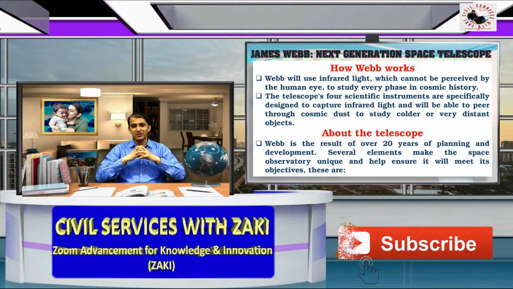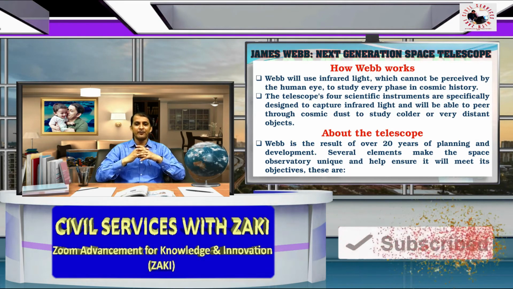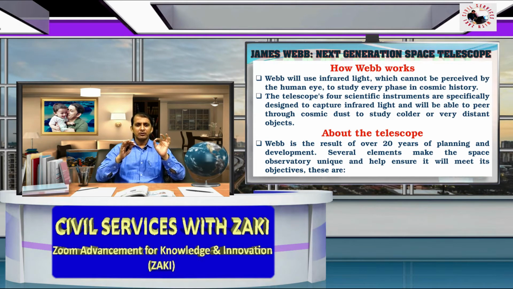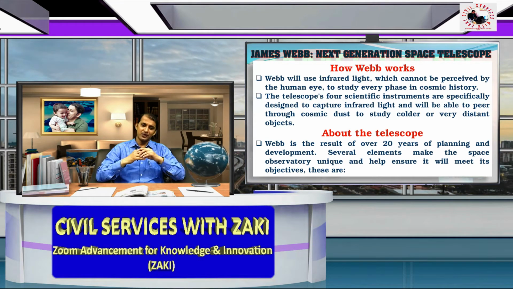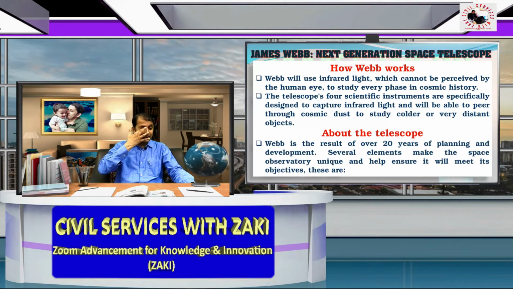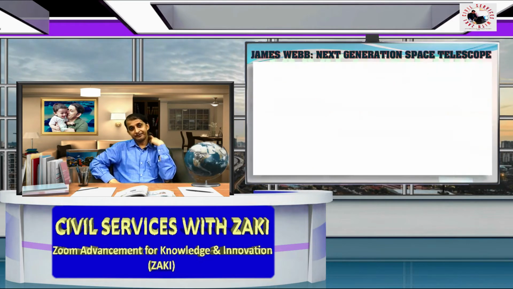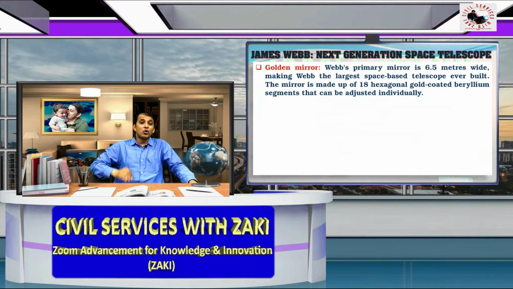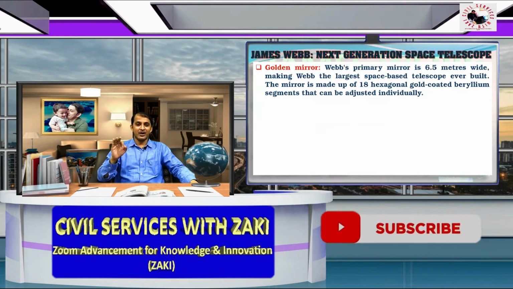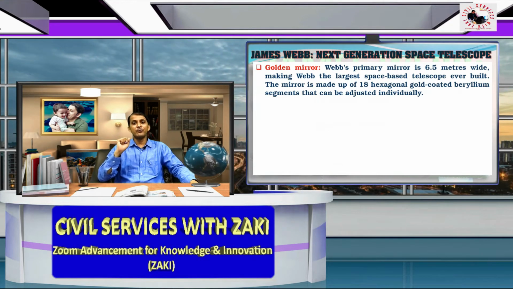Several elements make the space observatory unique and help ensure it will meet its objective. So what are these instruments or features of this telescope? See here, these are golden mirrors. Webb's primary mirror is 6.5 meters wide, making Webb the largest space-based telescope ever built.